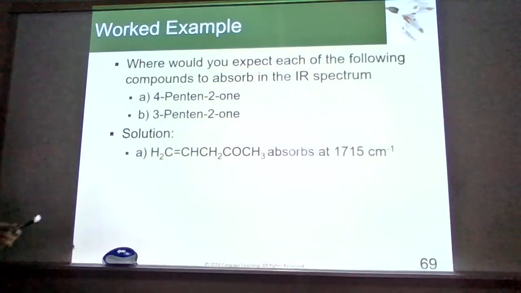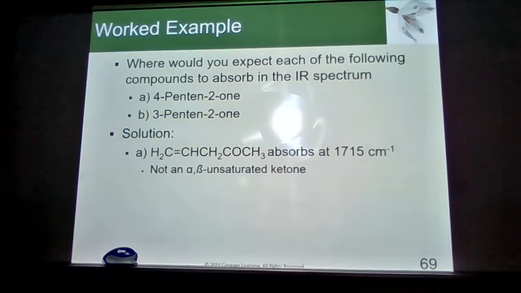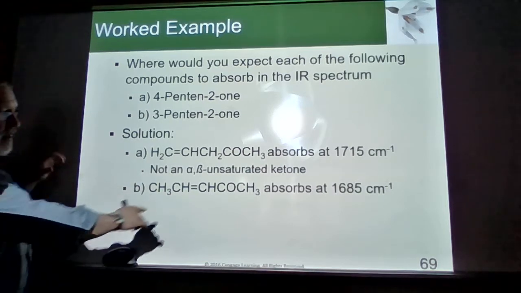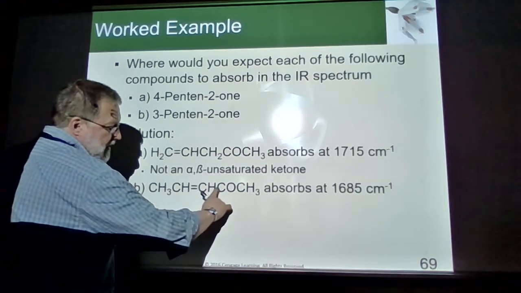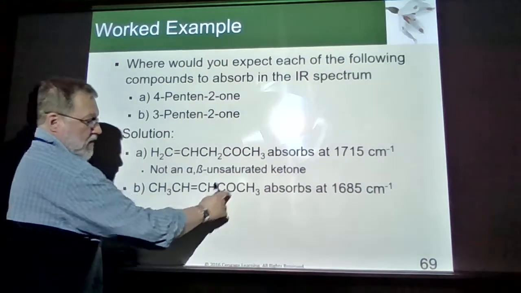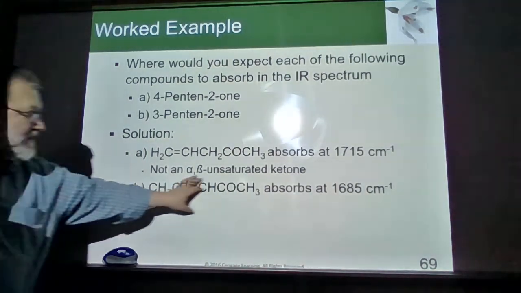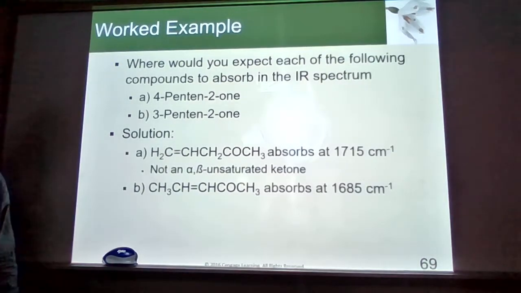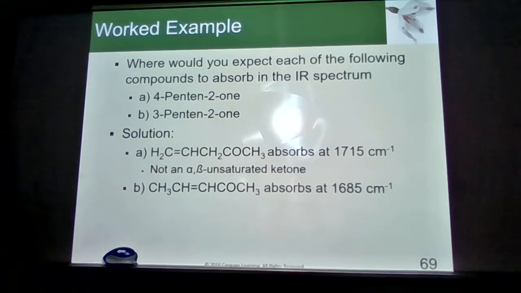So it will appear above 1700. It's not an alpha beta unsaturated ketone. But this guy, this double bond is immediately adjacent to the C double bond O of this ketone. Therefore, this is conjugated, this is an alpha beta unsaturated ketone. It absorbs below 1700, about 1685.